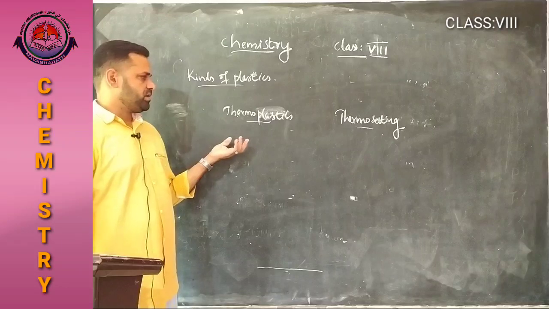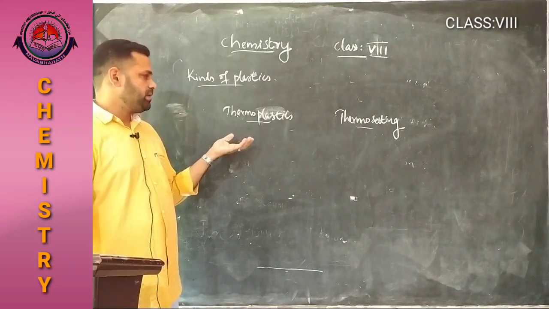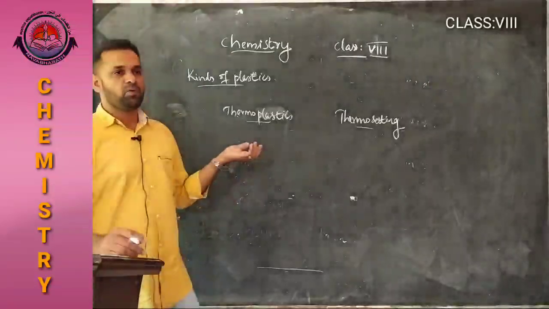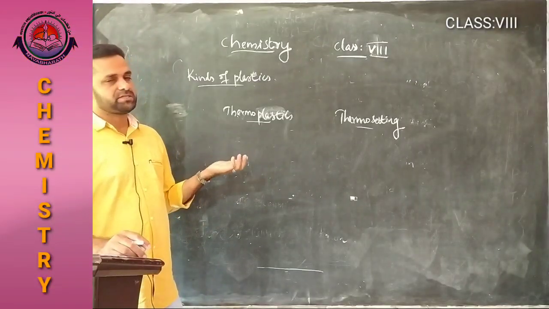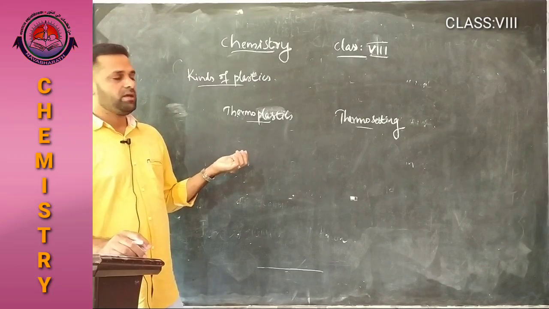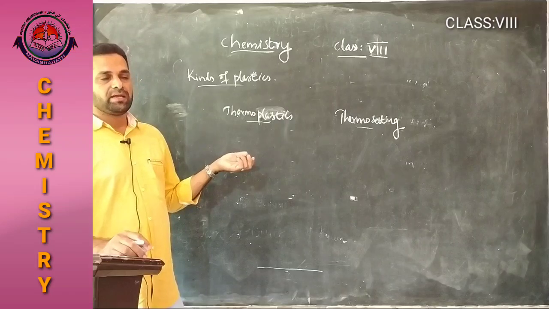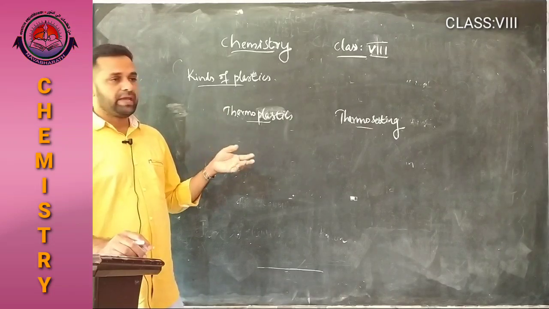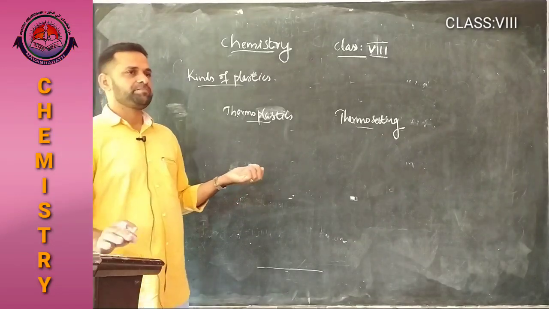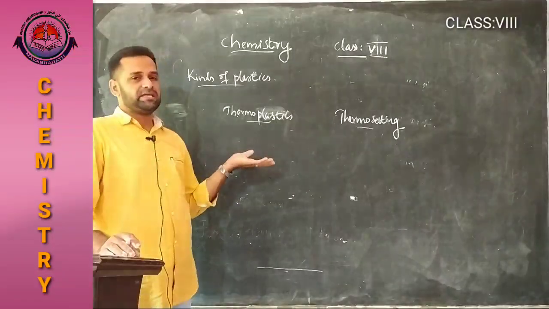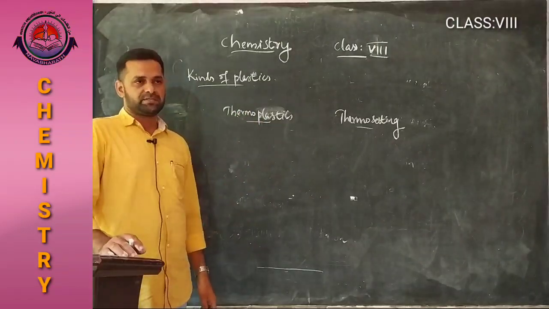And what is thermoplastics? Thermoplastics are the plastics which can be molded into any shape on heating and can bend easily. They can be molded again and again into different shapes on heating. They are called thermoplastics.